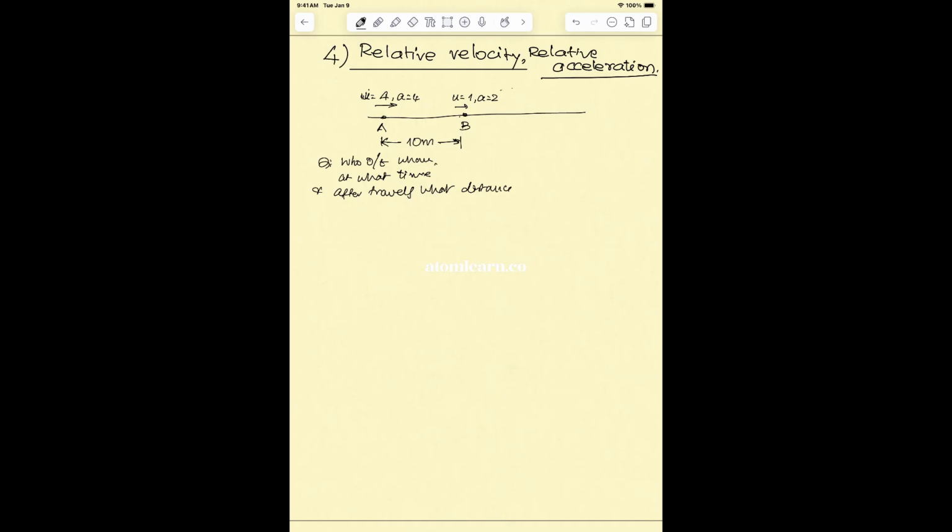Now what I am going to say is, relative to whom? We can take A relative to B or B relative to A, whichever is your choice. Whichever you feel is convenient or whichever strikes you, you just follow. It doesn't matter because we will get the answer whichever way we apply.